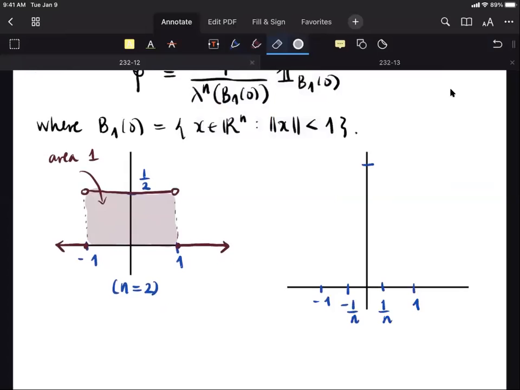Here we now have this height, and elsewhere it is 0. So again, the area is 1.